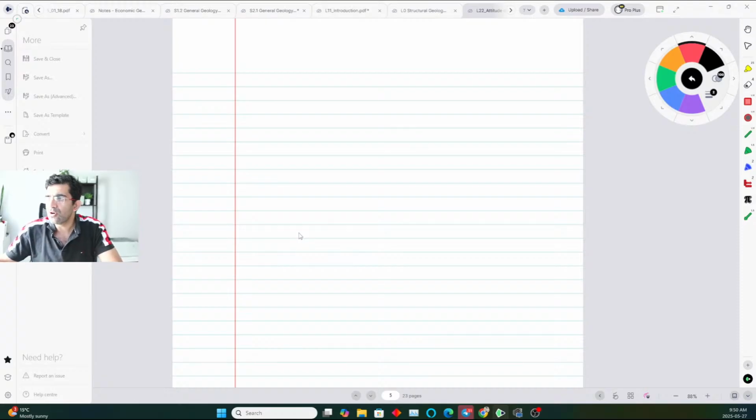Okay, so first of all, imagine you're sitting at a table, or you have a horizontal plane like this. The direction that you measure with respect to the north direction is called bearing.